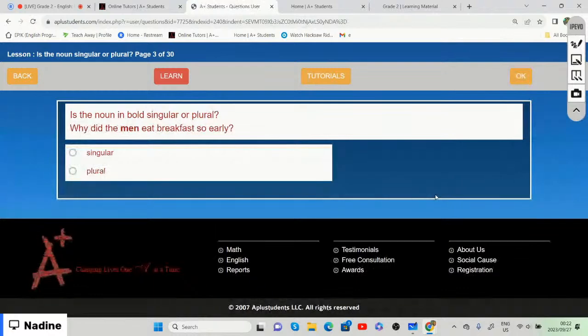Why did the men eat breakfast so early? Men. So men, is men singular or is it plural?